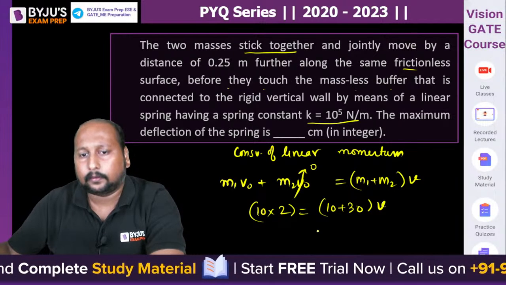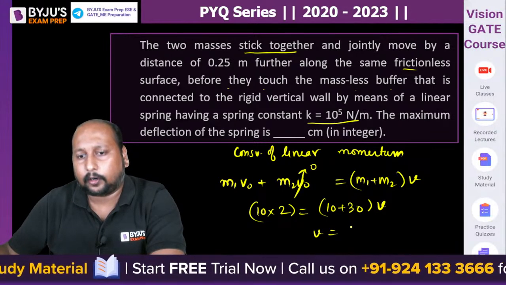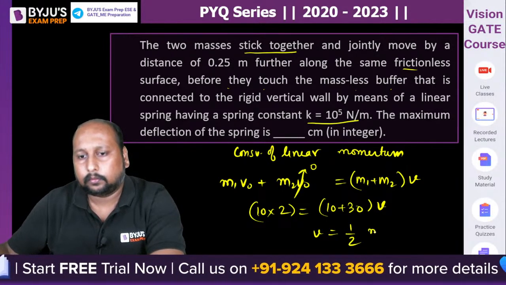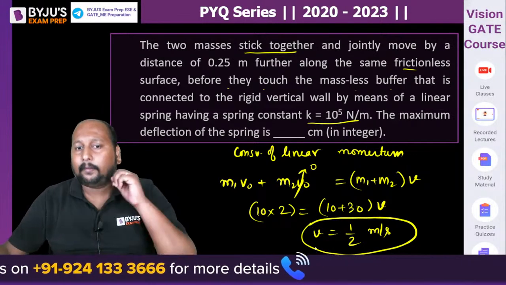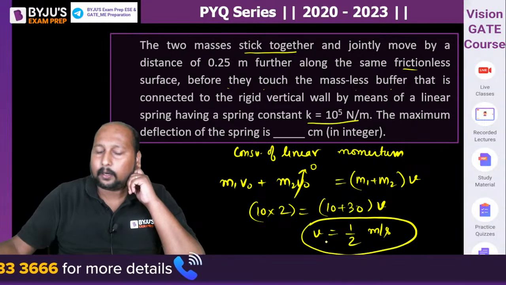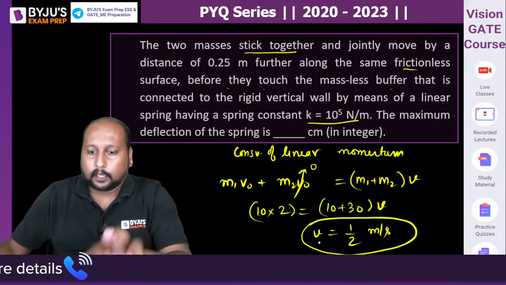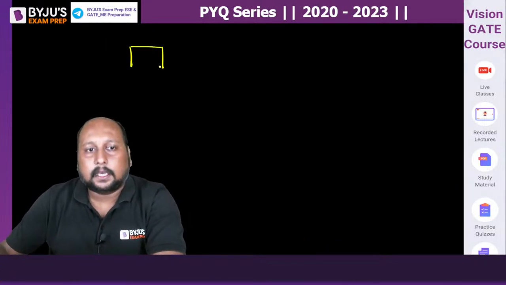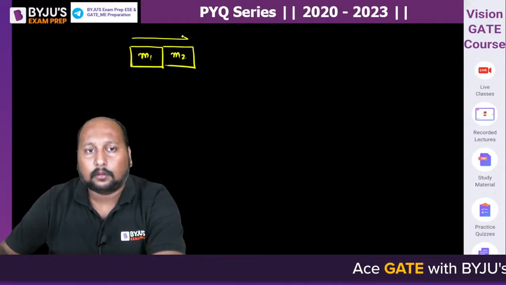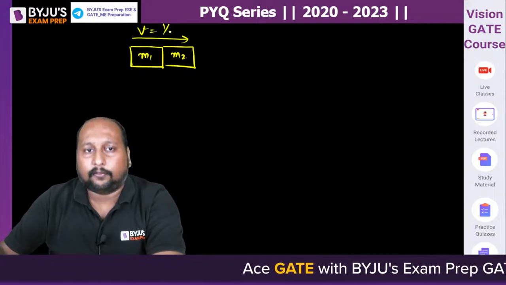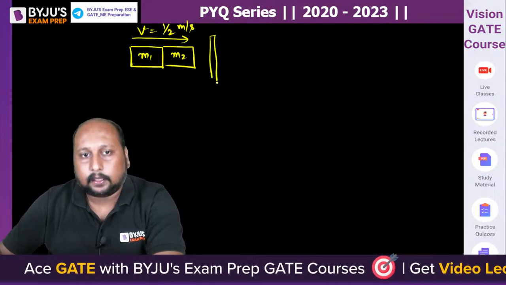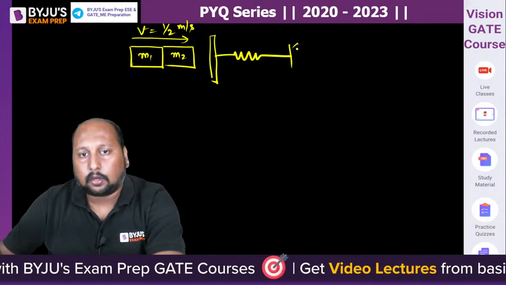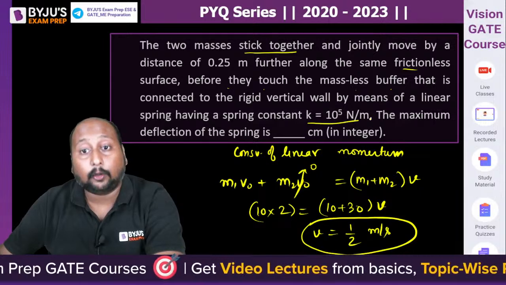What is v coming out as? v is equal to 20 by 40, that is 1 by 2 meter per second, half. Okay, so this combined mass is now moving with a velocity of half meter per second, and it is hitting the spring having a stiffness of 10 to power 5 Newton per meter.